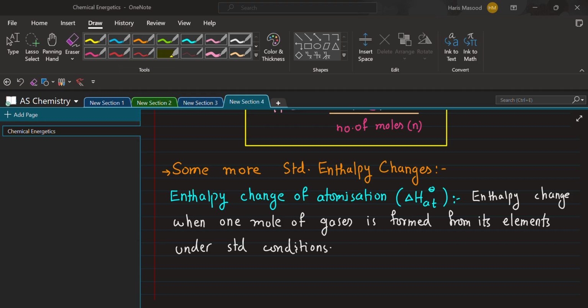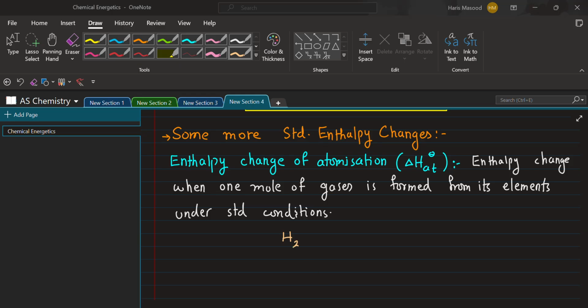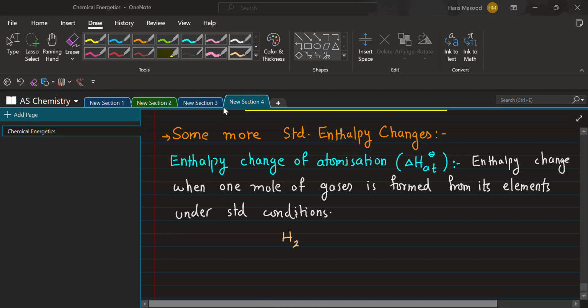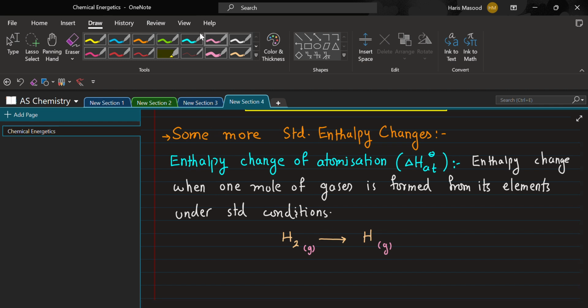So how do we write the equations? For that we have, for example, H2. If we convert H2 into its atoms, this is gaseous and this is also gaseous, but what we have done here is broken the molecule down into its atoms.